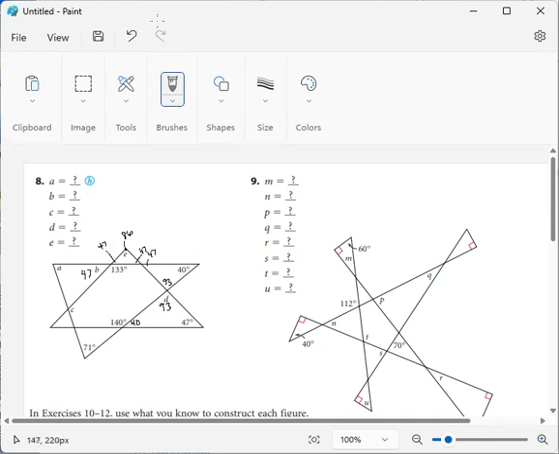I could keep going. This was 40, so this one here is 40. 71 plus 40 is 111. 180 minus 111 is 69. So that one is 69.